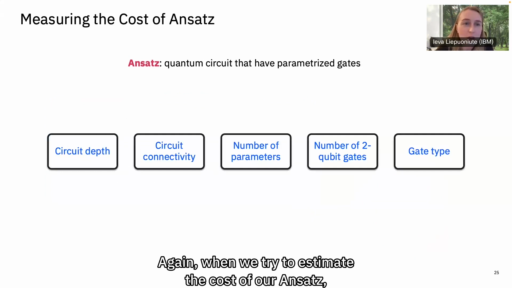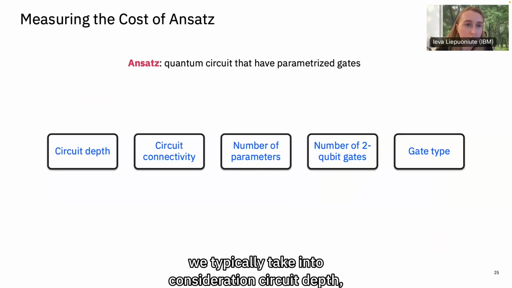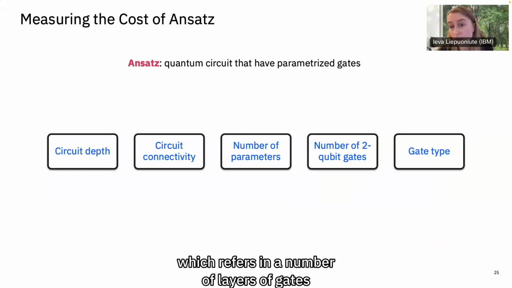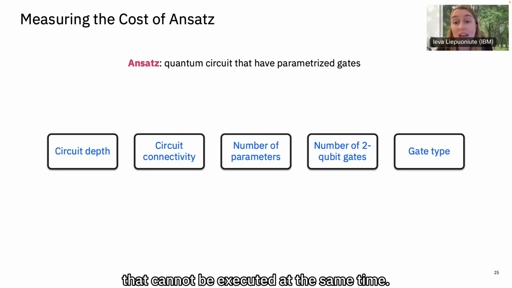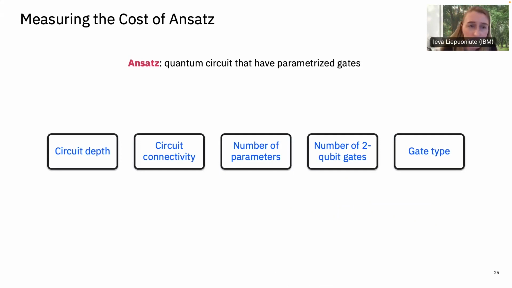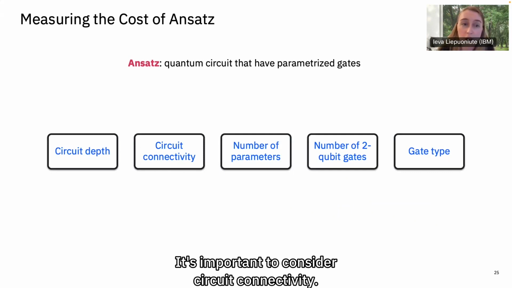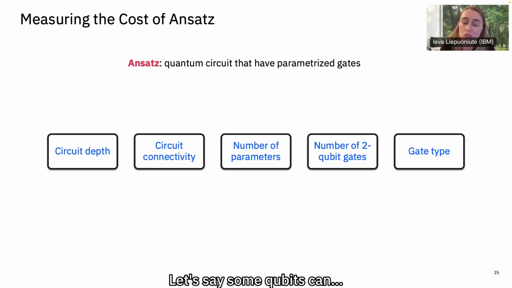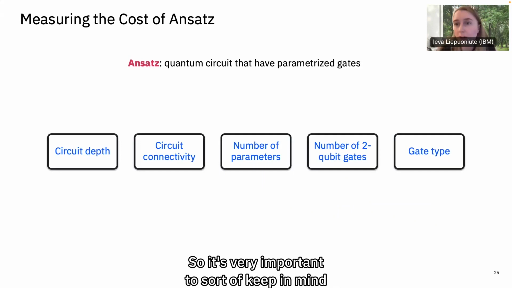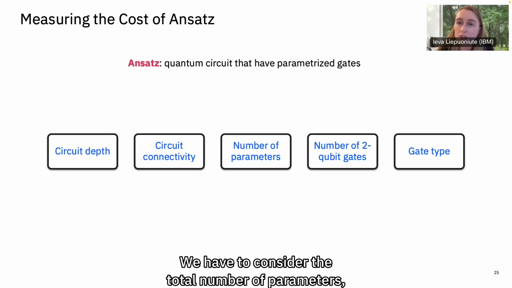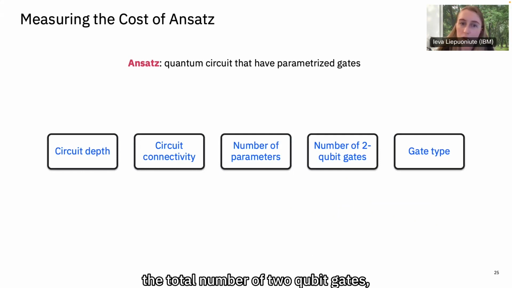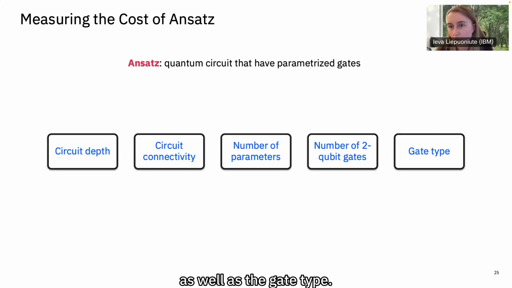Again, when we try to estimate the cost of our ansatz, we typically take into consideration circuit depth, which refers to the number of layers of gates that cannot be executed at the same time. It's important to consider circuit connectivity. It is very important to keep in mind the architecture of our device. We have to consider the total number of parameters, the total number of 2-qubit gates, as well as the gate type.